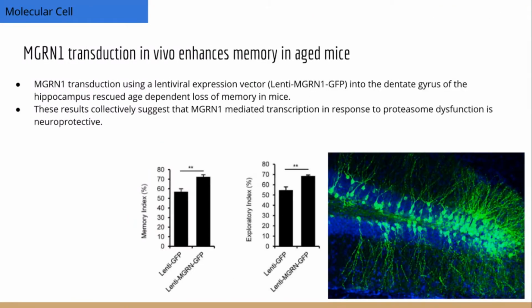Having established that MGRN1 responds to proteasomal dysfunction by upregulating ATF3, among many other genes, the authors wondered if this, at a macroscopic scale, would produce measurable behavioral changes in the living organism. To test this, they transduced MGRN1 using a lentivirus into the dentate gyrus of the hippocampus in mice.